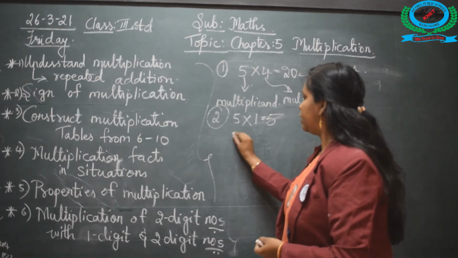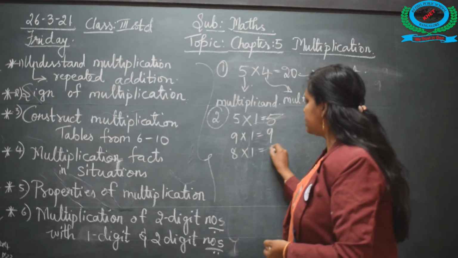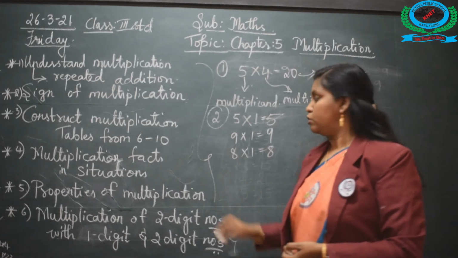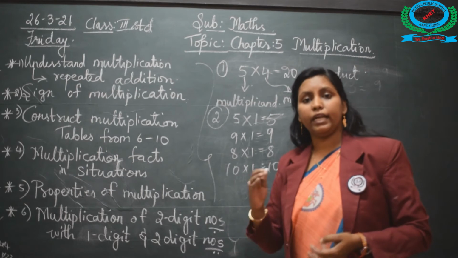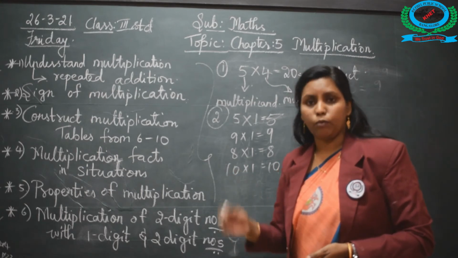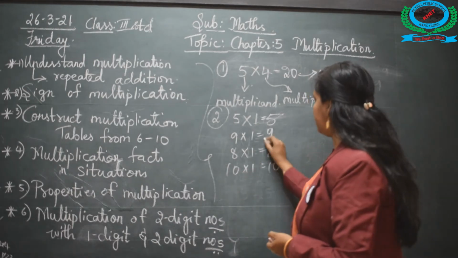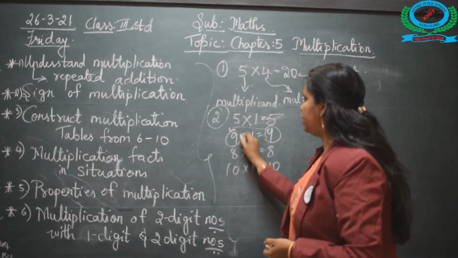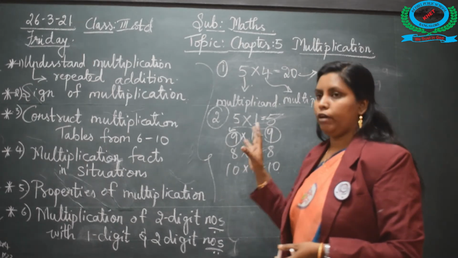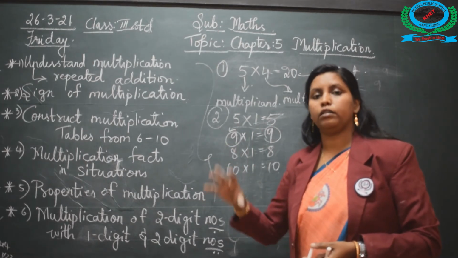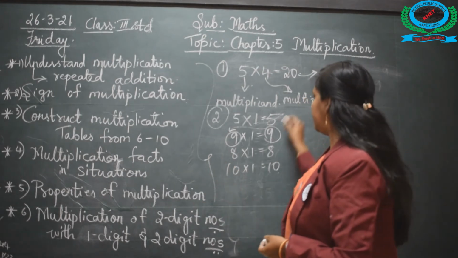So take any number. 9 into 1 is 9. 8 into 1 is 8. 10 into 1 is 10. When you take any number and multiply it with 1, the product will be the number itself. So this is the second property of multiplication.